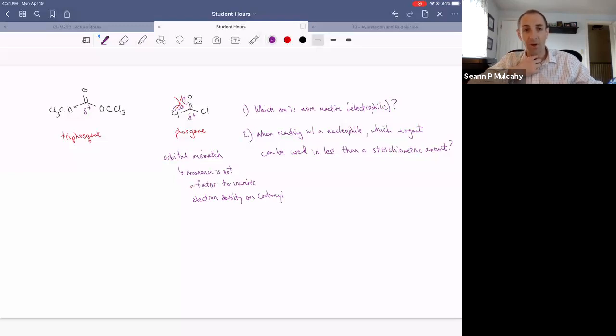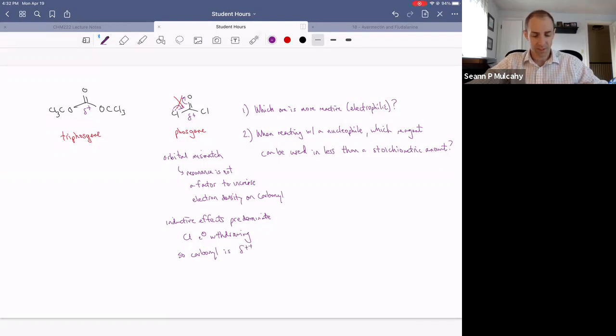So what do we have left over? What we have left over are inductive effects. So inductive effects predominate. Chlorine is electron withdrawing, and so the carbonyl is very delta plus. Let's say delta plus plus.